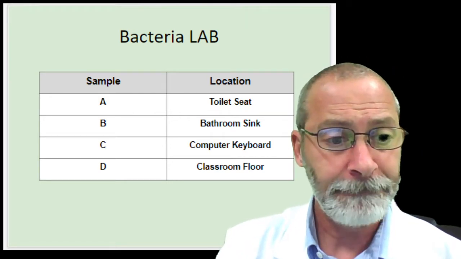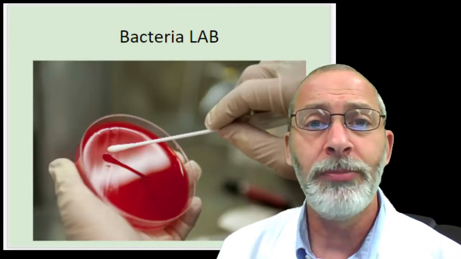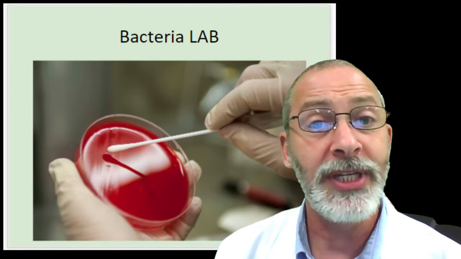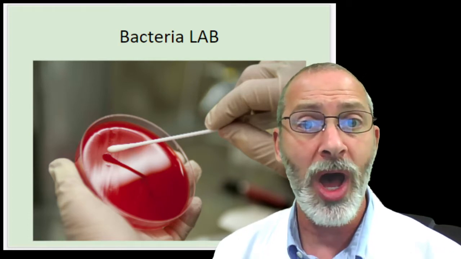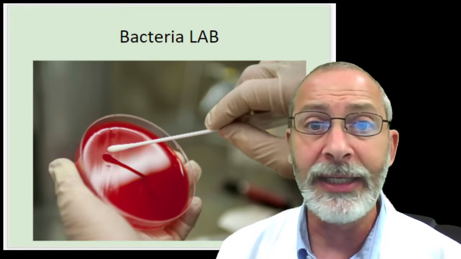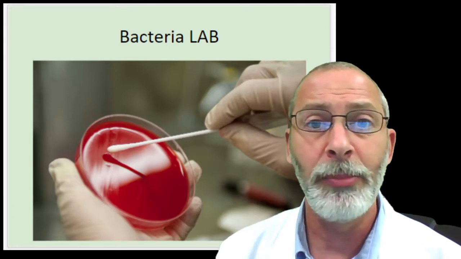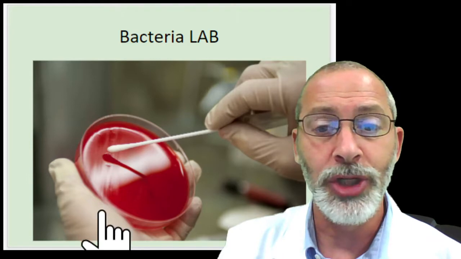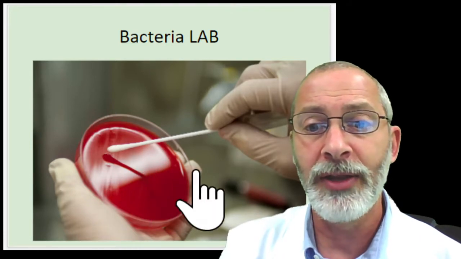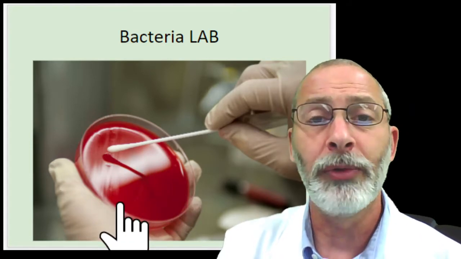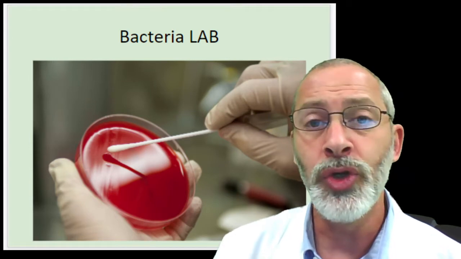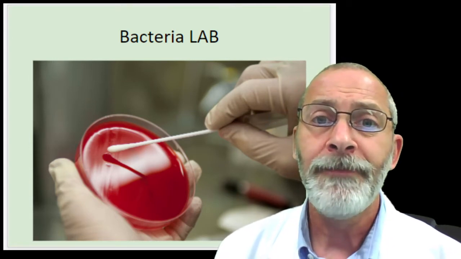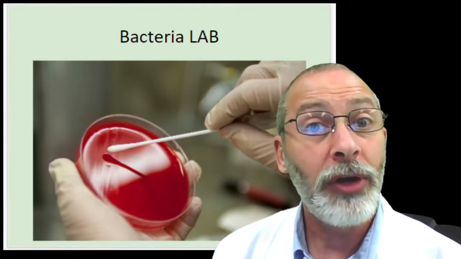And now, again, as I mentioned before, each of those sampling locations were taken with a sterile swab. Sterile meaning clean of all bacteria, no bacteria on these swabs. Swabs brought back and just rolled around on the agar, which you may recall is a nutrient food source for the bacteria to grow and flourish on.